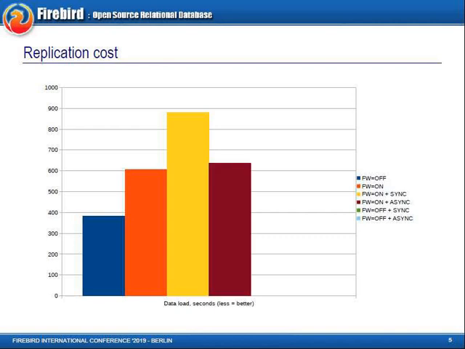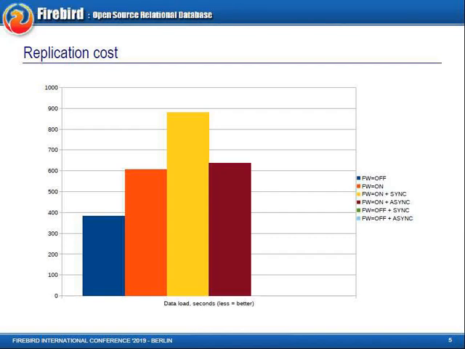Let's look at the asynchronous replication. Here we see that it's much faster than synchronous and almost the same performance as without replication at all. We are considering forced writes turned on here. So yes, it's a little bit slower because the server writes to the journal files, but we are speaking about bulk data load. I was speaking yesterday about the caching of replicated changes per transaction. So actually, all the changes are cached and only then merged into the journal files in big chunks.